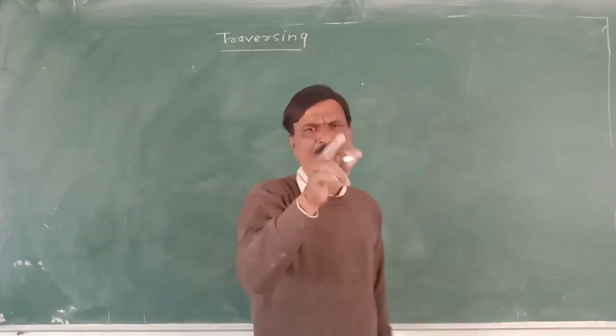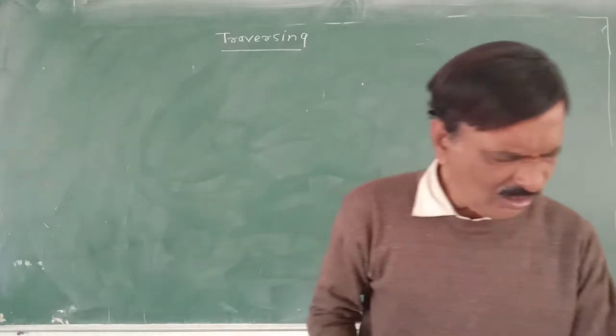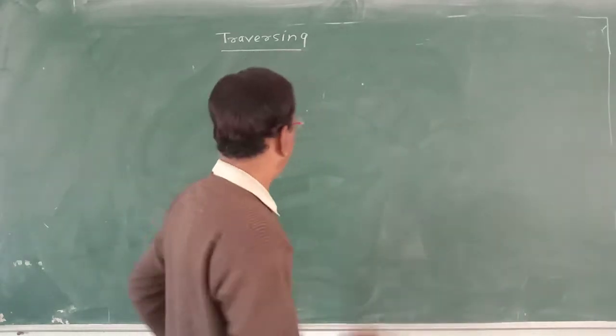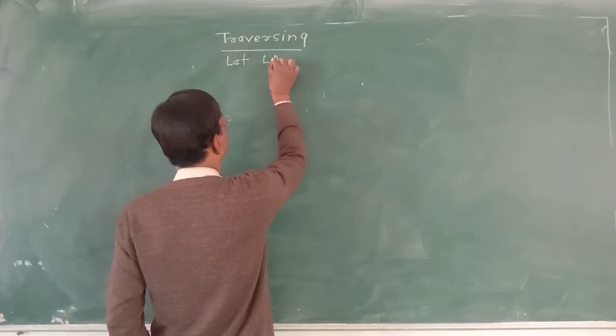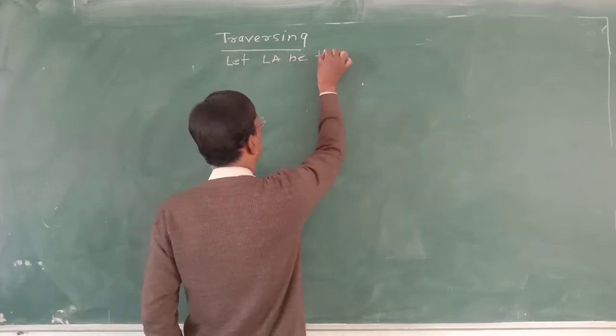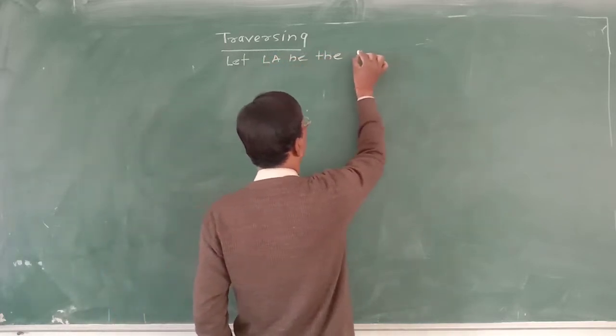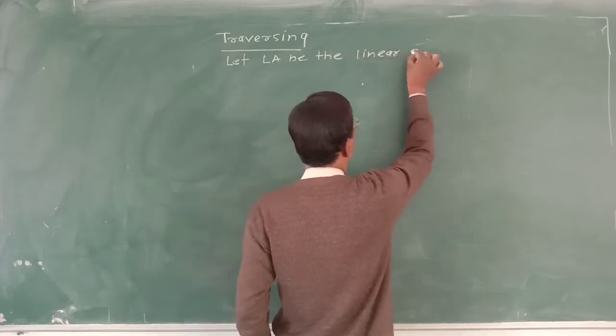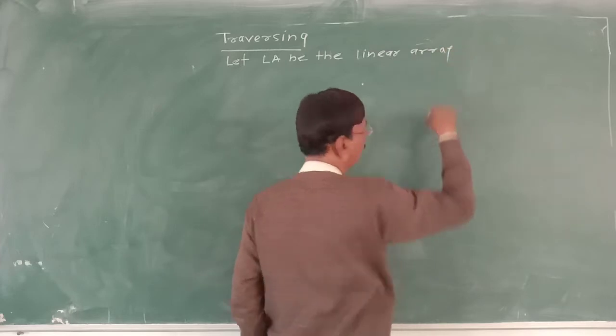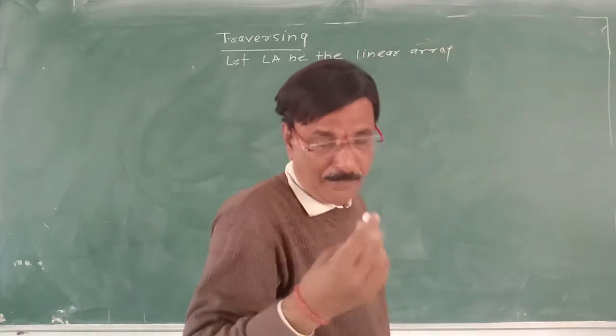First of all, the definition. Traversing: let LA be the linear array in computer's memory.